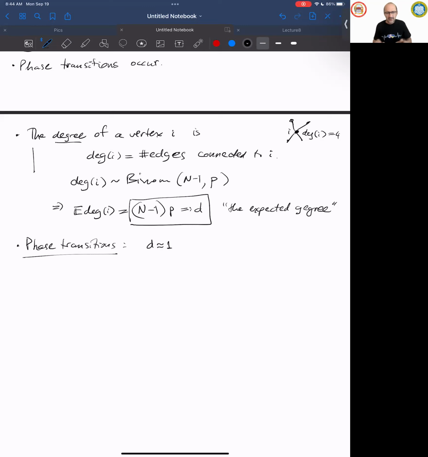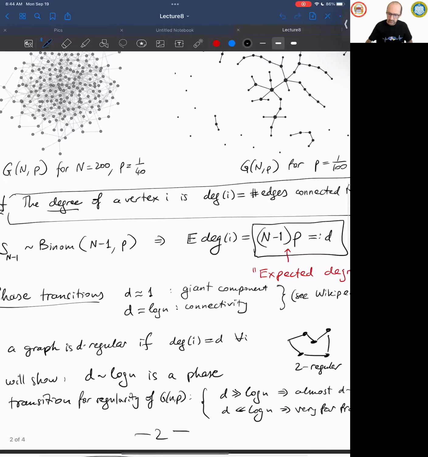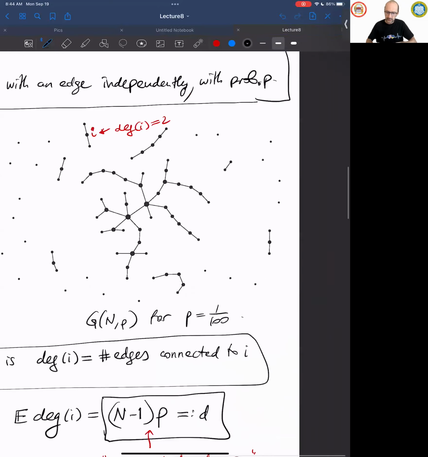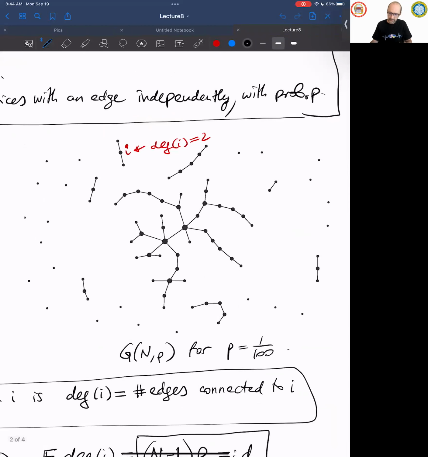There's a lot of isolated vertices, and most of them are isolated. And all you see is probably a picture like this. Even less so, but something like that. Lots of isolated things are floating here.